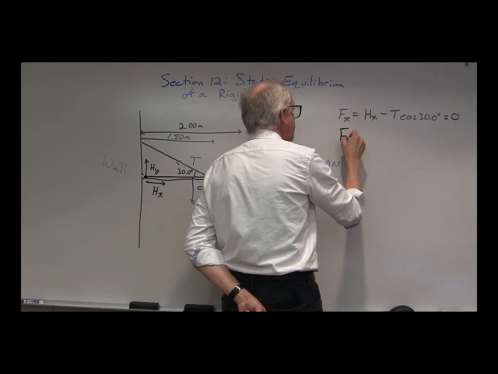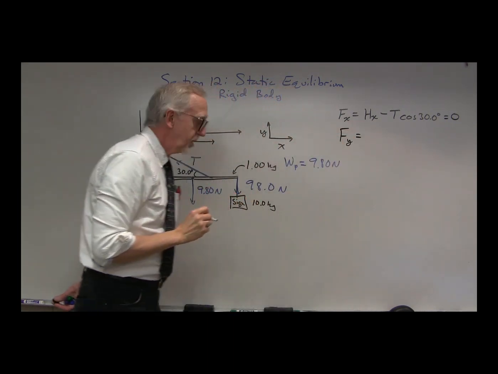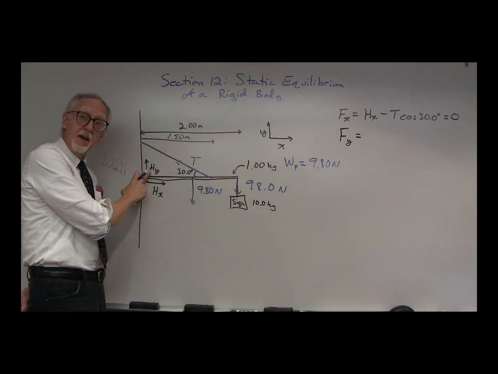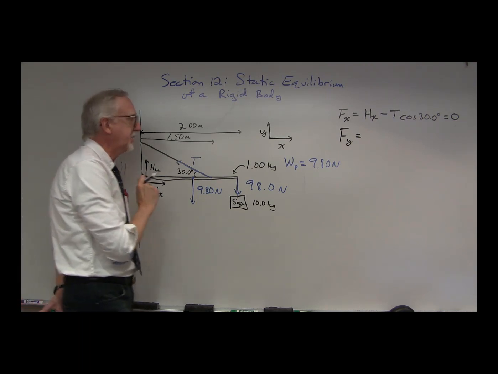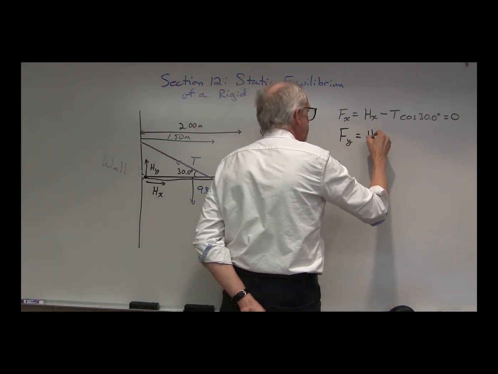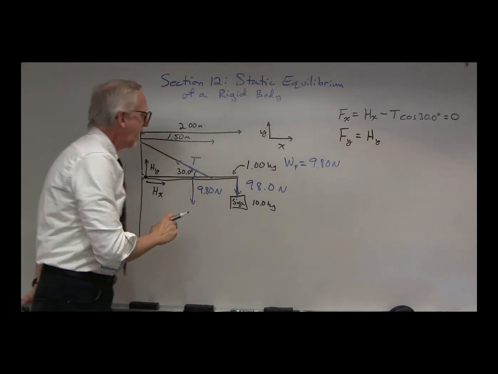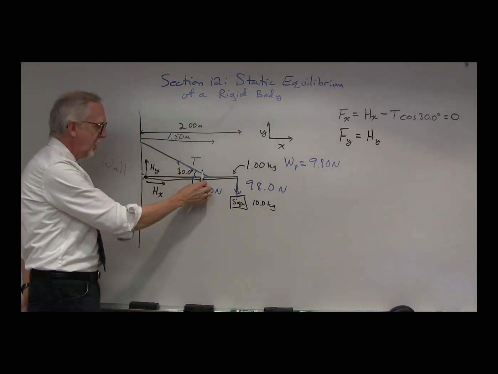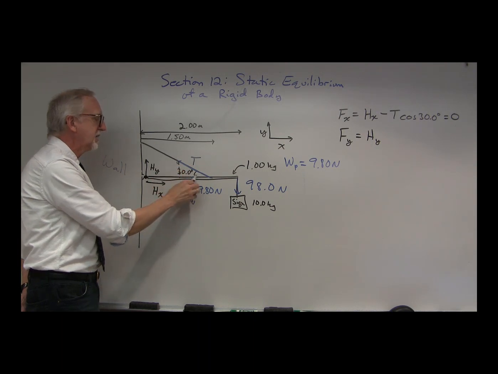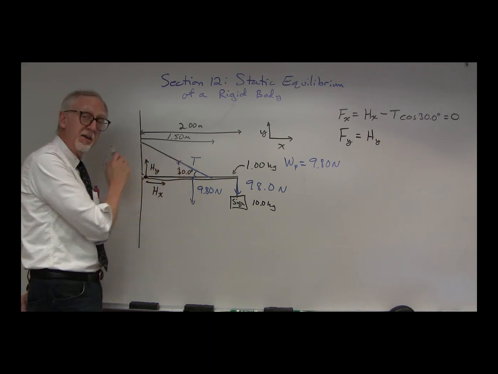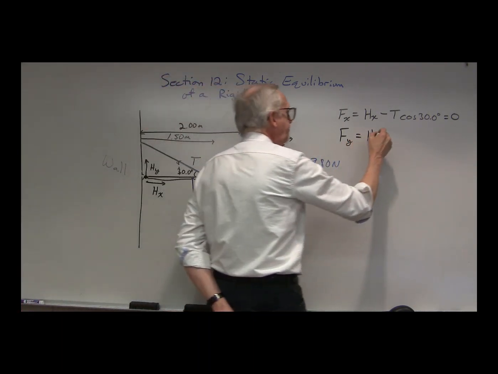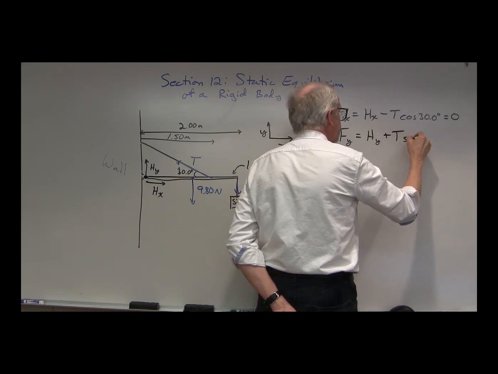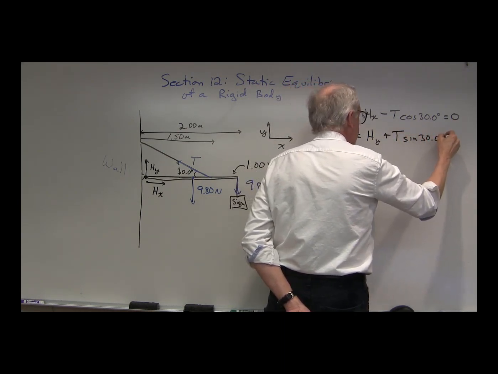Okay, what about the forces in the y direction? Well, again, we have a component of the hinge force, h sub y. We'll have a component of the tension. What's the y component in this case? Well, that's going to be T sine 30, but that's in the positive y direction. So we'll have plus T sine 30.